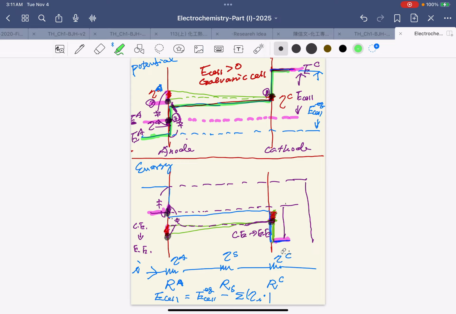So the same as here. I'm sorry, this curve is a little bit complicated.